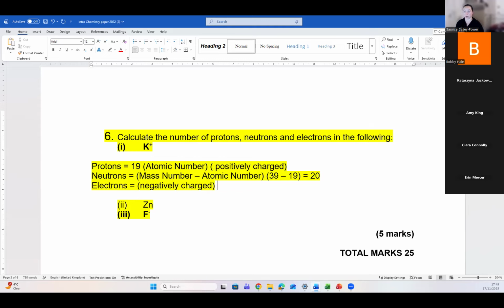So if I had a neutral atom of potassium, those two would cancel each other out. That means if I had 19 protons, I should have 19 electrons. But it's not the case here, okay? That plus tells me that I have one additional positive charge.